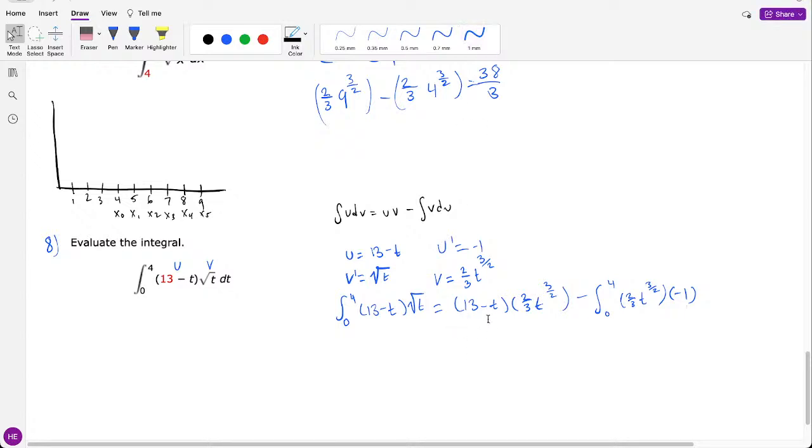Well, in a way we can keep the 2/3 out, and then we have 13 t to the 3/2 minus t to the 1/2, right?